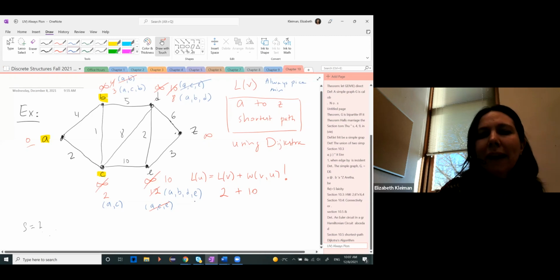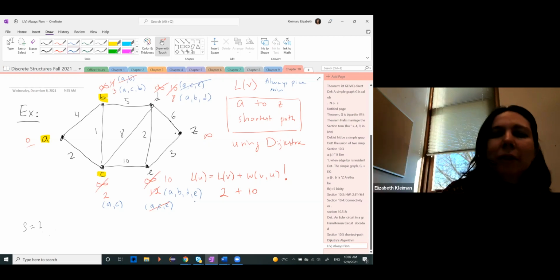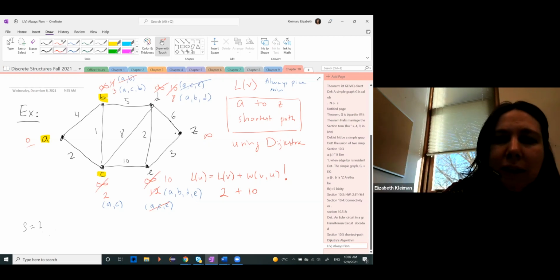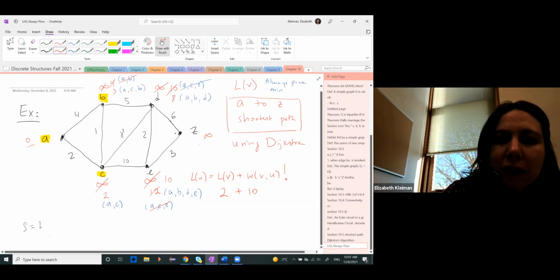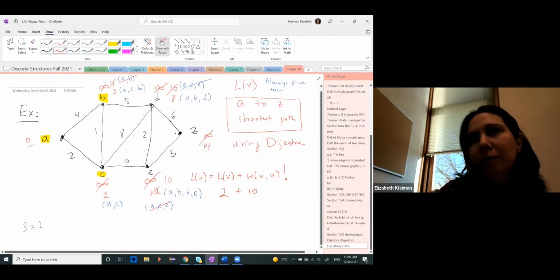Now, I also can get from D to Z, correct? So from D to Z, this is going to be 8 plus 6, which is going to be 14, correct?